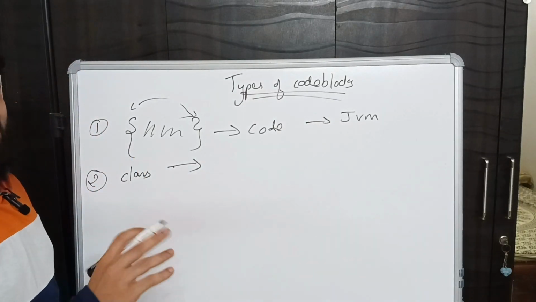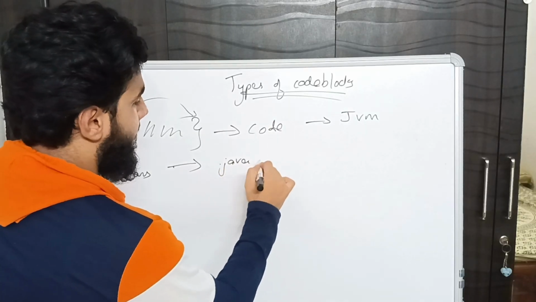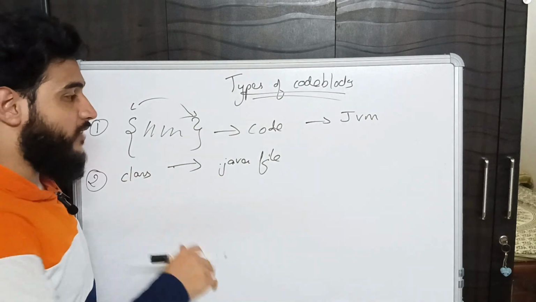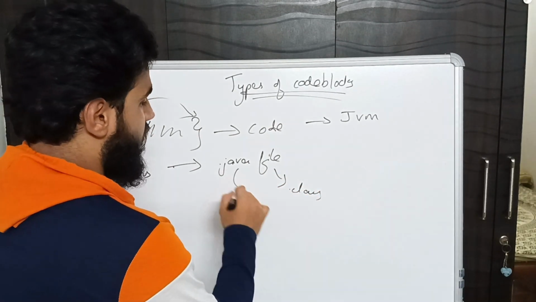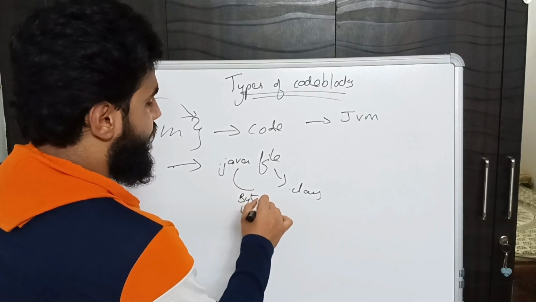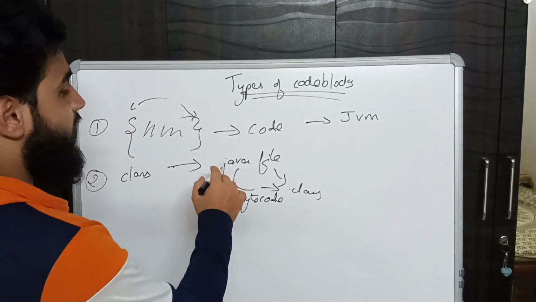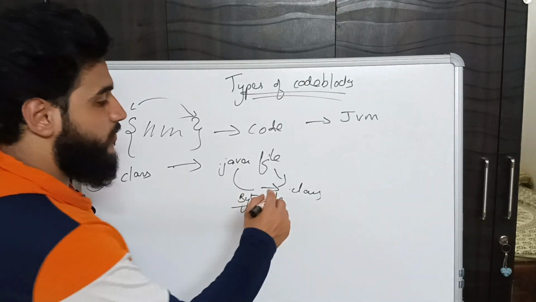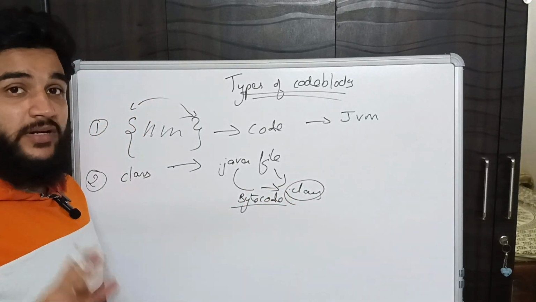This class resides in a .java file. Do not get confused with the .class file which will be generated from this .java file, because this .java file is converted to bytecode, which sits in the .class files. This class is nothing but a keyword.